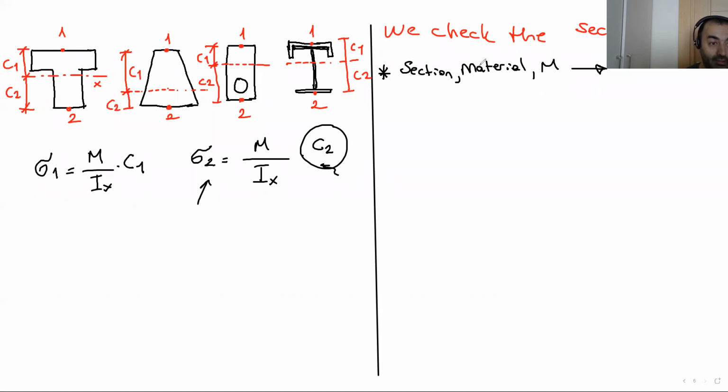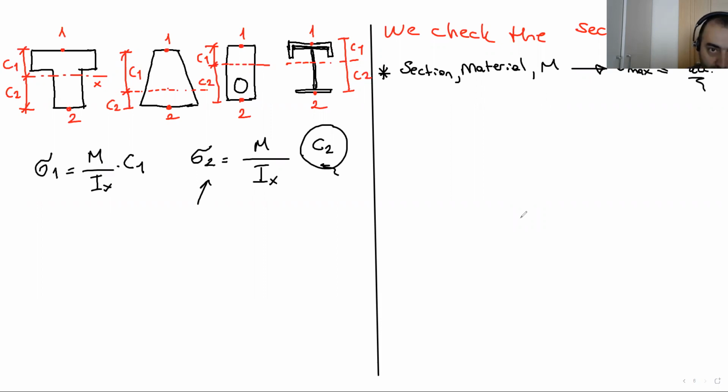We know the moment which occurs the stress on the section. So according to the given data, according to what we know, we can calculate the stress. So at the end of the day, we have to check the stress, if it's less than the allowable stress or not. So calculated sigma max, sigma allowable. This comes from the material, okay.